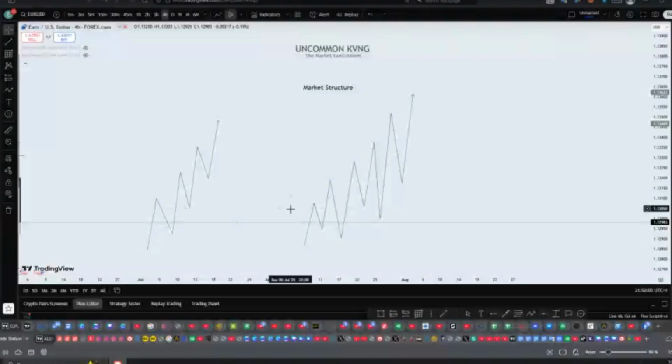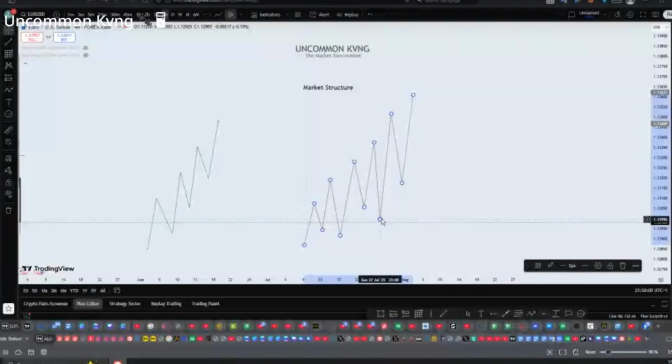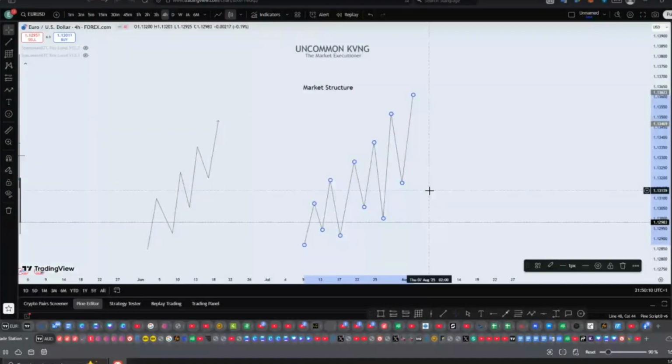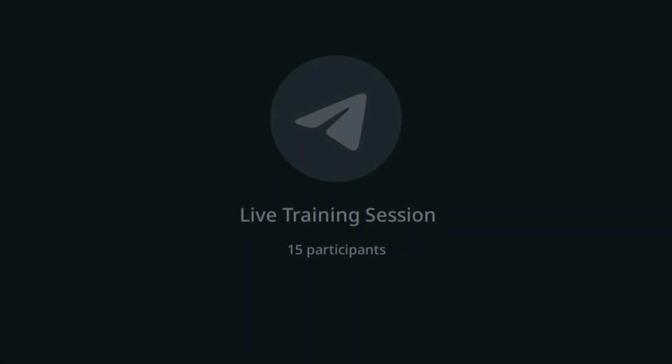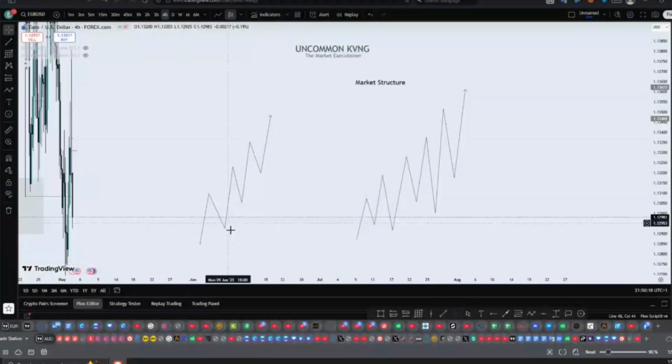And then we have the algo, where you should understand that liquidity is now involved. The difference between this one and that one is just liquidity. Where you're looking for higher high, higher low in basic structure, when you're trading advanced or algo market structure, you are looking for liquidity.